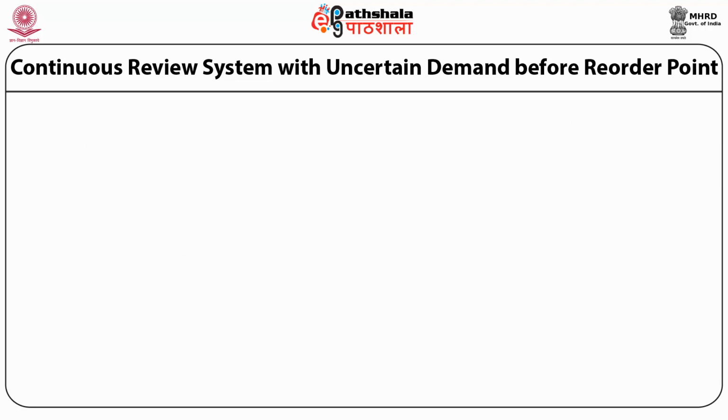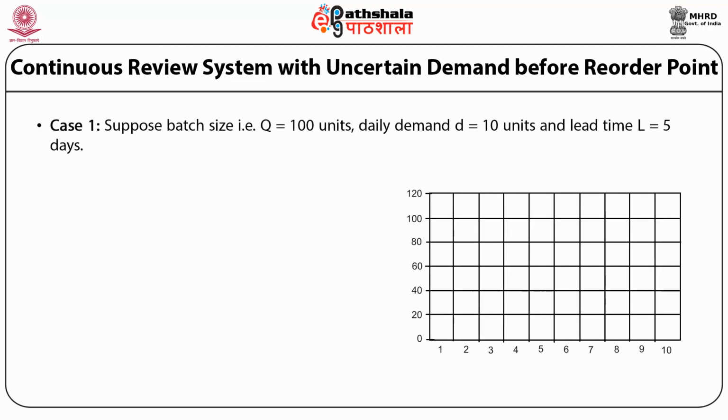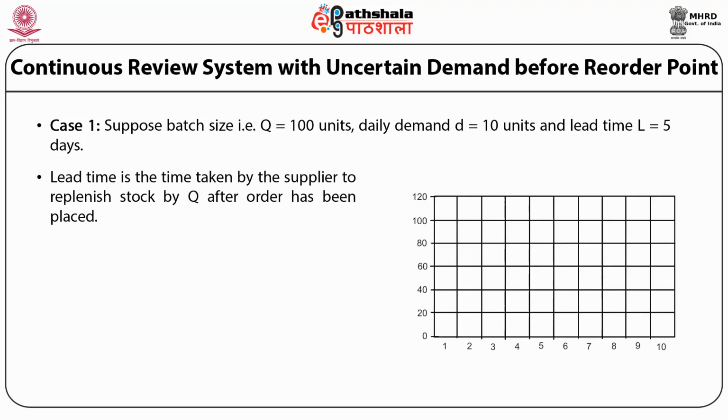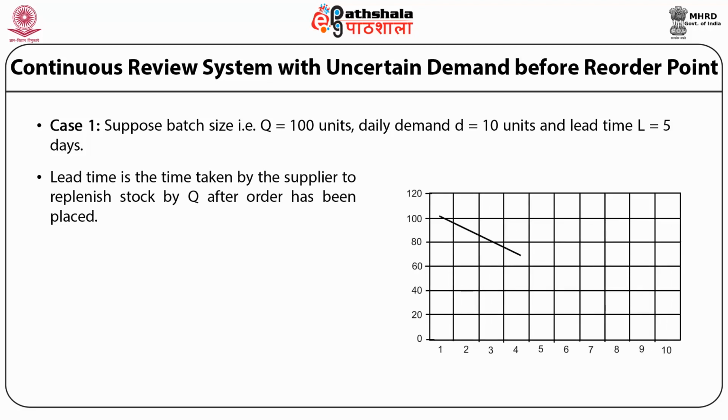Continuous review system with uncertain demand before the reorder point. Case 1. Suppose batch size, that is Q, equals 100 units, daily demand D equals 10 units, and lead time L equals 5 days. Lead time is the time taken by the supplier to replenish stock by Q after the order has been placed.